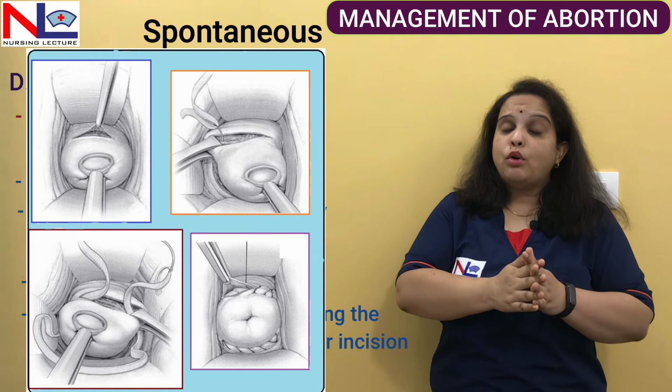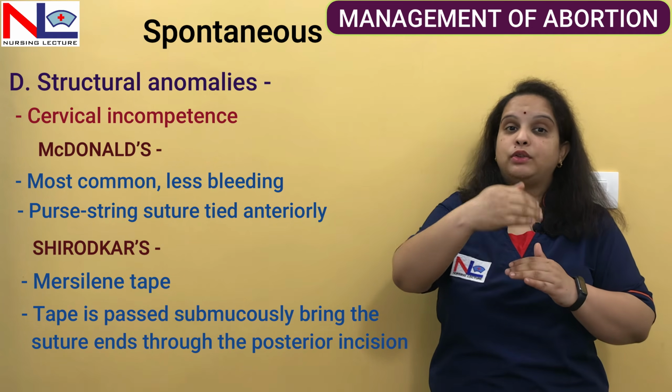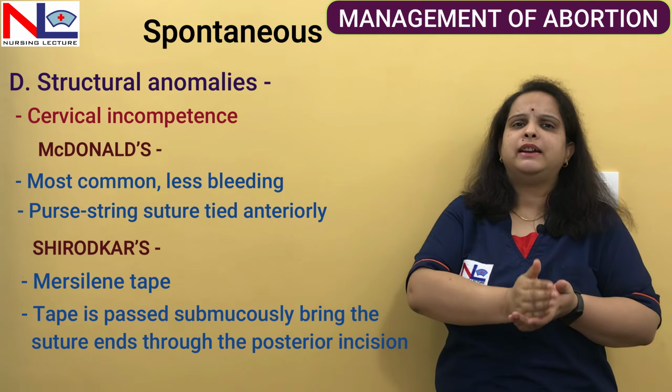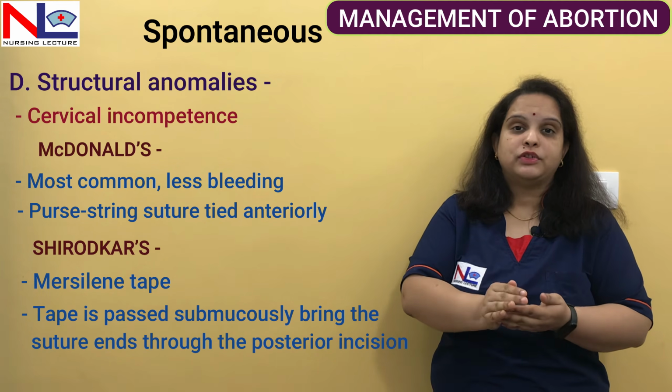This requires more technical skill, and as we are giving incisions on both sides, it bleeds more. That is why it is performed less in comparison to the McDonald procedure.